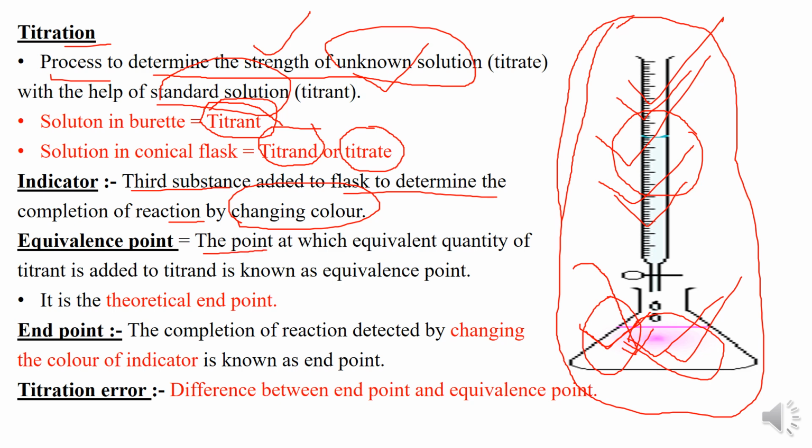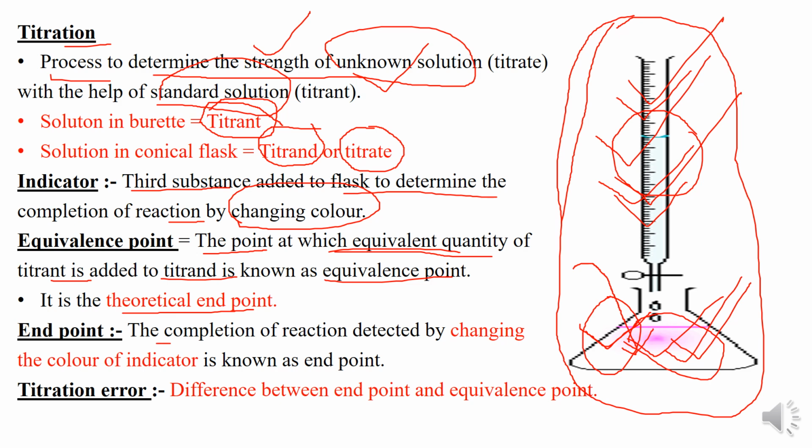Equivalence point. The point at which an equivalent quantity of titrant is added to the titrand is known as the equivalence point. It is simple, right? It is also known as the theoretical endpoint.